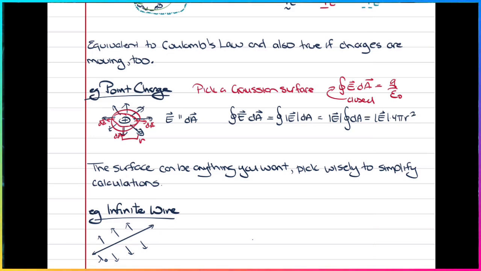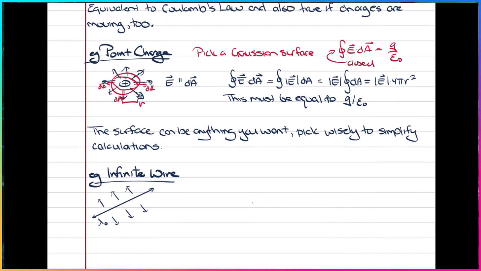Then by Gauss's law, if Gauss's law is to be believed, this must be equal to Q over epsilon naught, which then of course shows that E is Q over 4 pi epsilon naught r squared. And we argued that it points radially away.